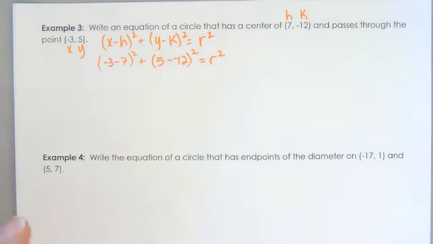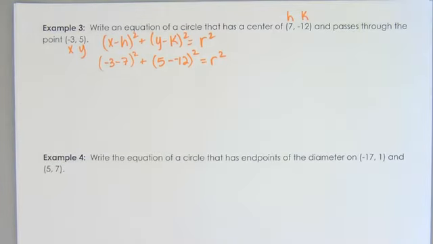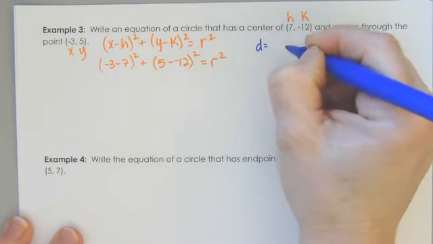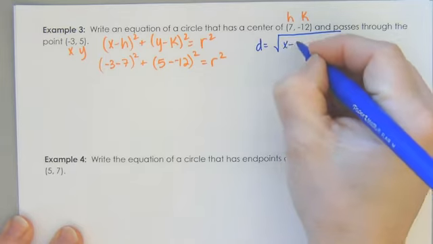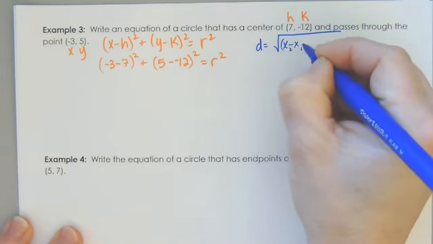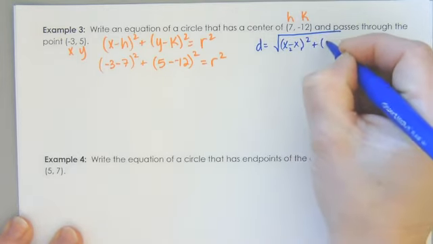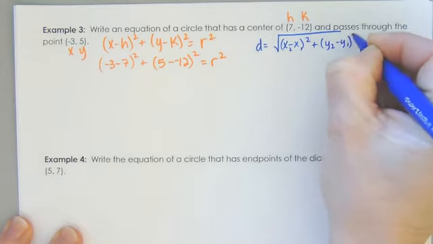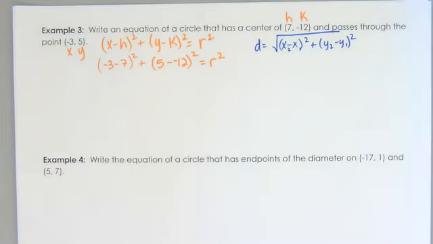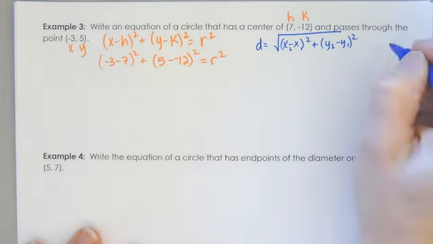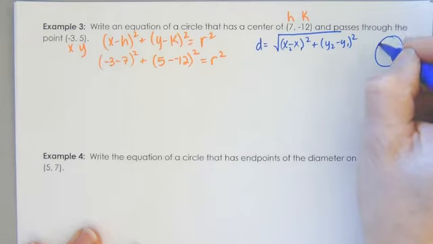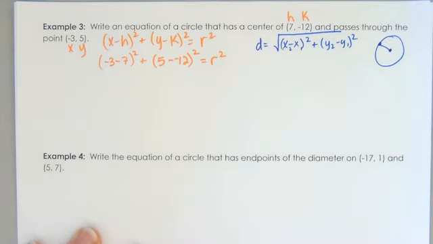I want to point out too, this is actually the same as the distance formula. So our distance formula is the square root of x2 minus x1, squared, plus y2 minus y1, squared. If I was looking for the distance from, say, the center to a point on the circle, here's our circle, here's the center, here's a point, we could get the radius by doing the distance formula.